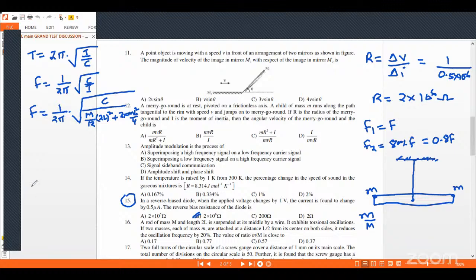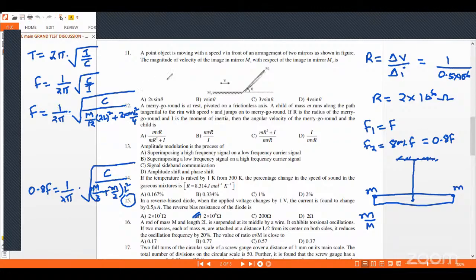Now the new frequency is reduced by 20%. So 0.8 F equals 1 by 2 pi into under root C by, for both the rod and the two particles at the edge, M by 3 into L square.